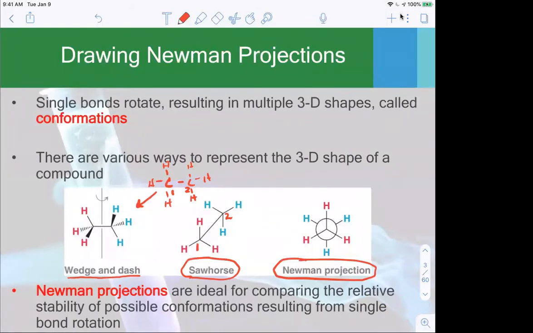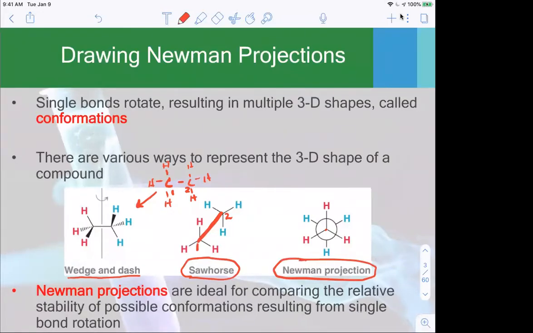Then I'm going to sight along this bond and look down the bond so that my carbons are right in back of each other, in order to get to this Newman projection.